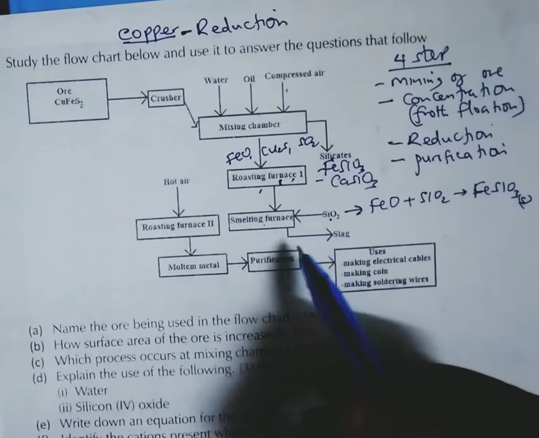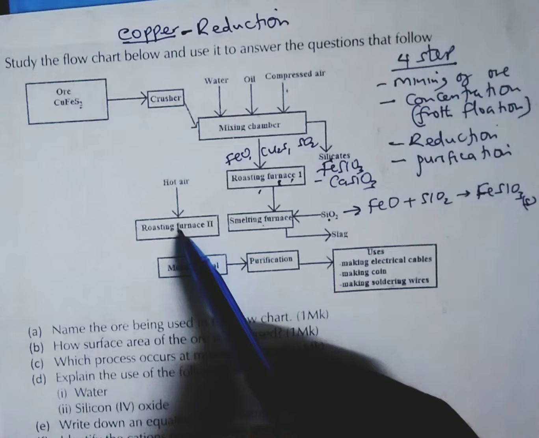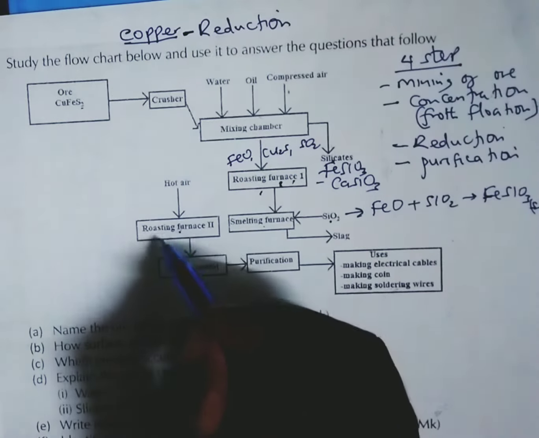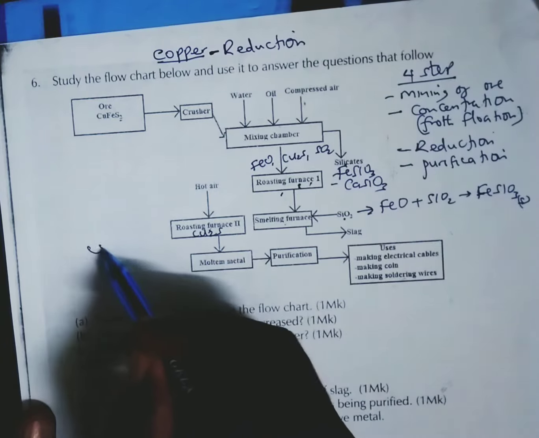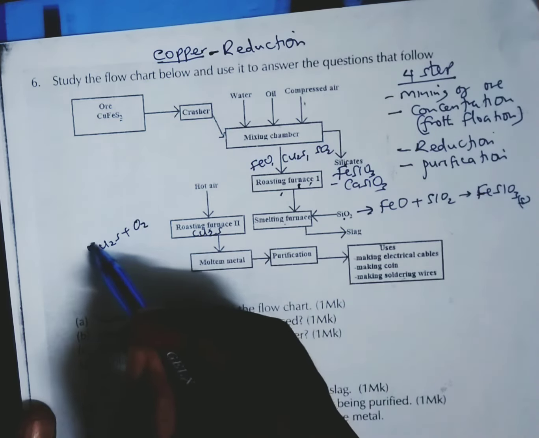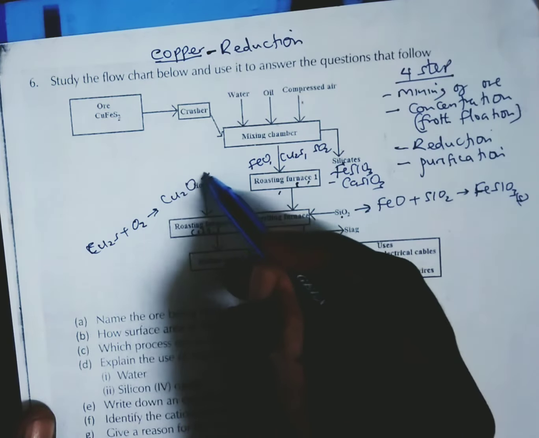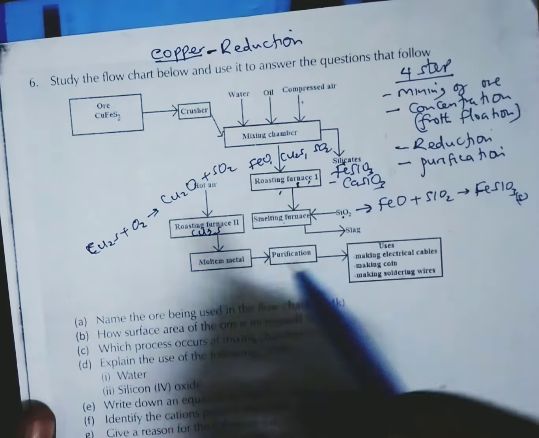Then from there we go to the second roasting furnace, where we are going to have copper 1 sulfide. And remember, here we are going to have copper 1 sulfide being reacted with air to give us copper 1 oxide plus of course sulfur 4 oxide gas.